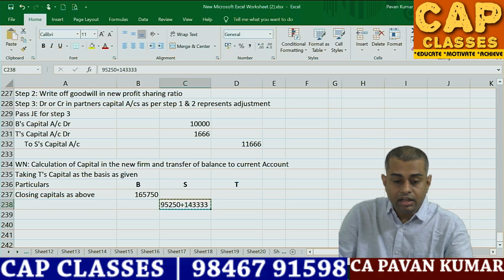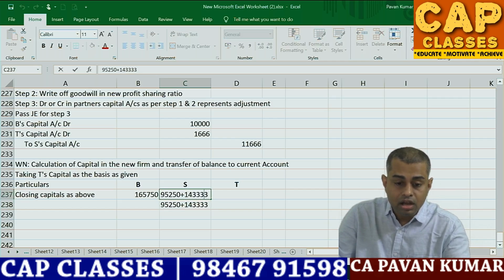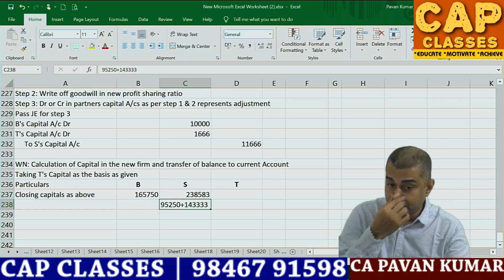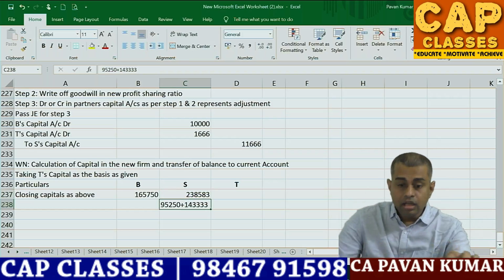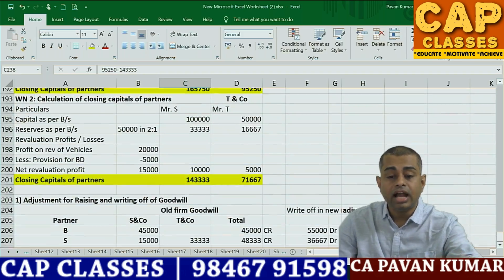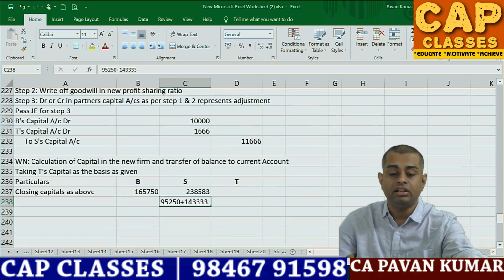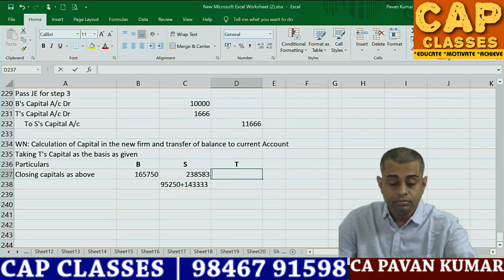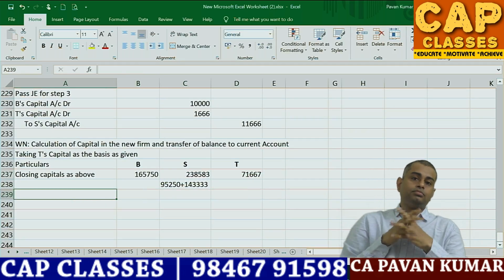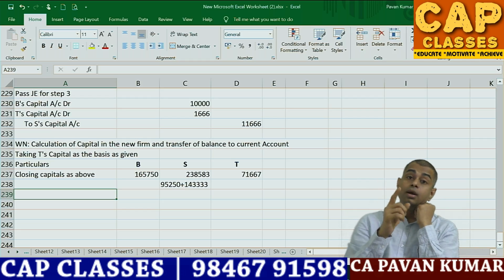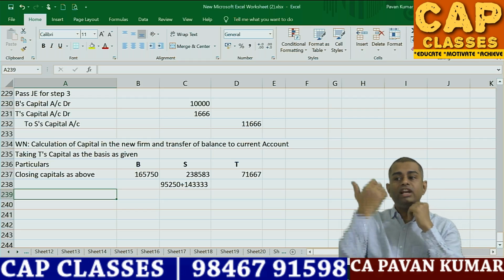Take the calculator, add it and put it here. That is equal to 238,583. Okay. Then what about T from second calculation? 71,667. Okay. This is closing capitals before passing goodwill adjustment.